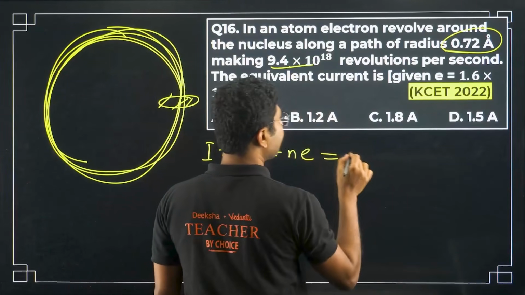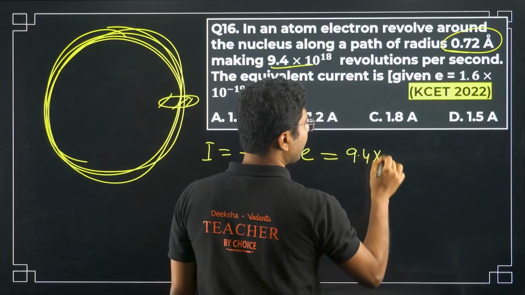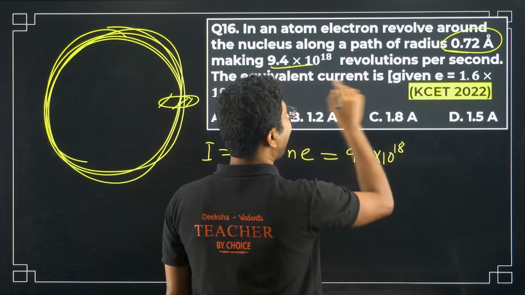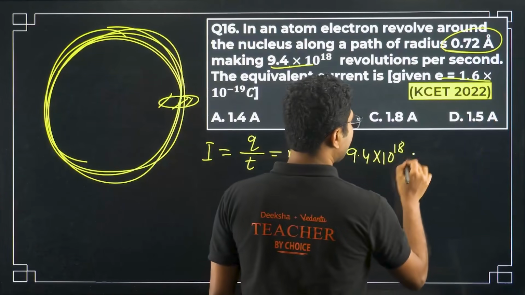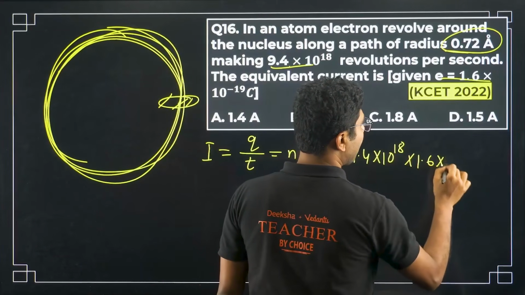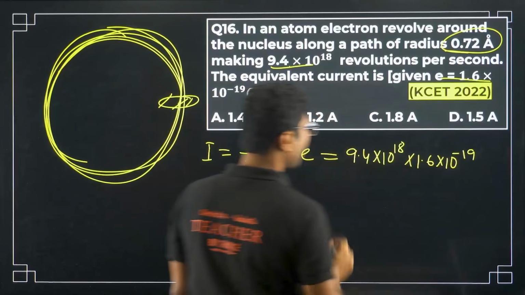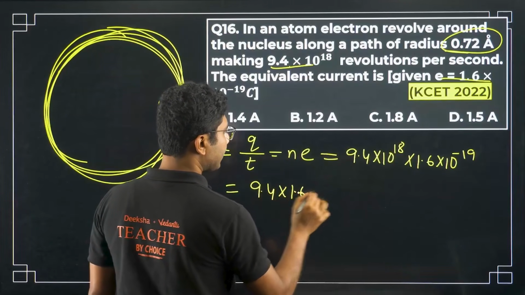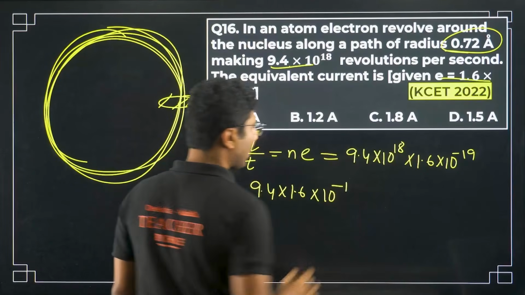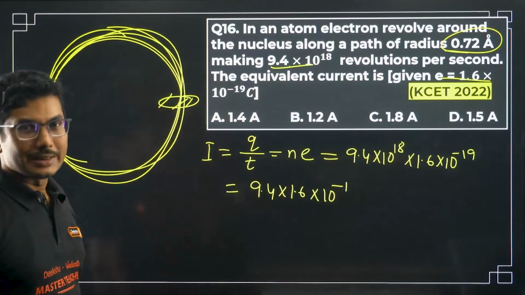So the number of revolutions is 9.4 into 10 to the power of 18, and the charge of an electron is 1.6 into 10 to the power of minus 19. So it will be 9.4 into 1.6 into 10 to the power of minus 1. Now how to multiply these two values?